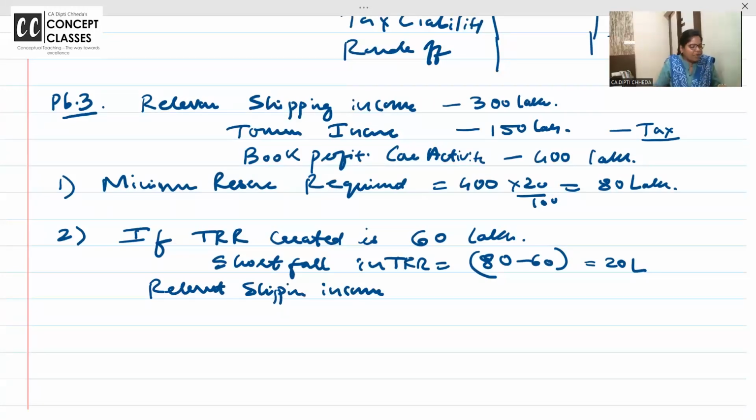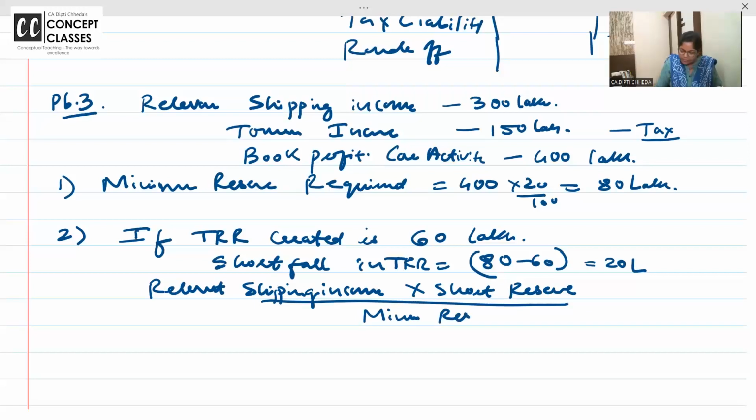We'll just copy the formula and then we'll do it logically. समझ में आ रहा है? ये फॉर्मूला है.